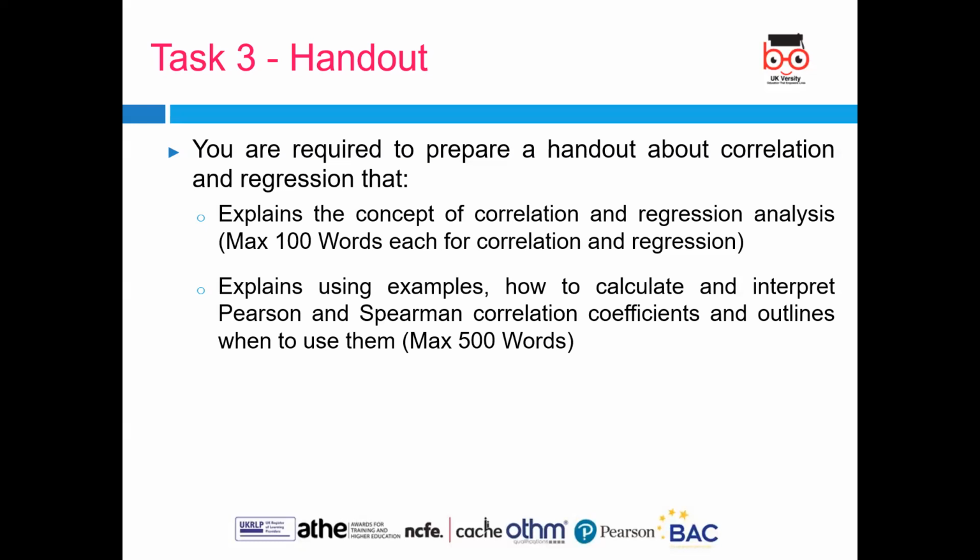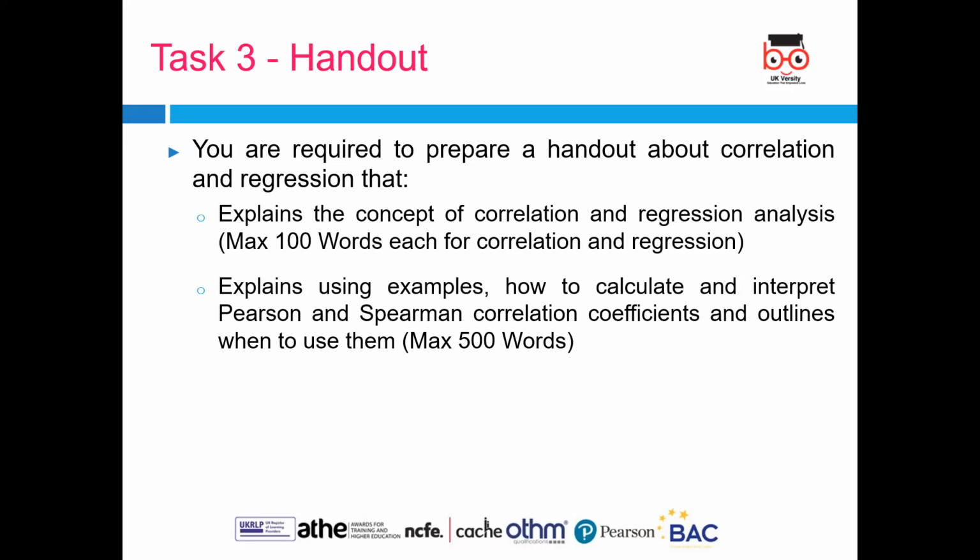And then the second section explains, using examples, how to calculate and interpret Pearson and Spearman correlation. So remember, you have to cover these two specific correlation coefficients and outline when to use them. Remember, I think we had discussed Pearson correlation is used in a linear distribution, Spearman is used in a non-linear distribution.